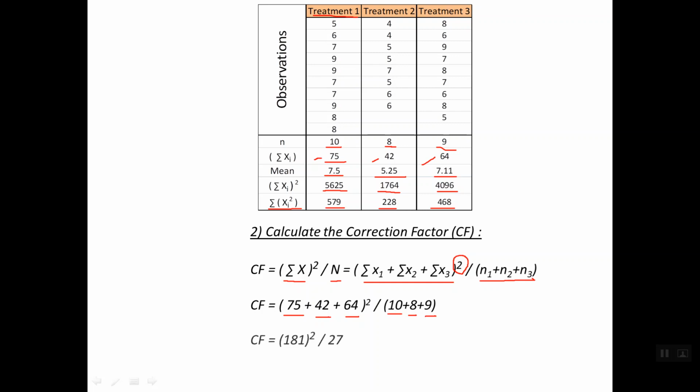With a simple calculation, we get the correction factor, which is equal to 1213.37. We need this value, as I have said, in order to calculate the sum of squares.